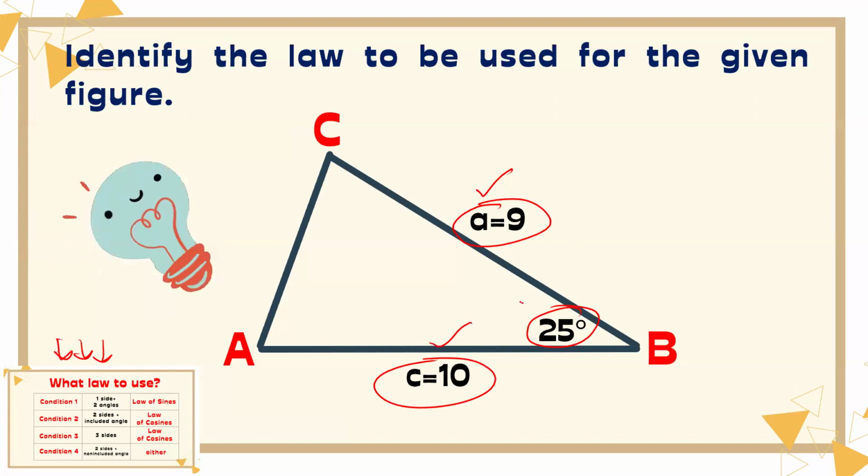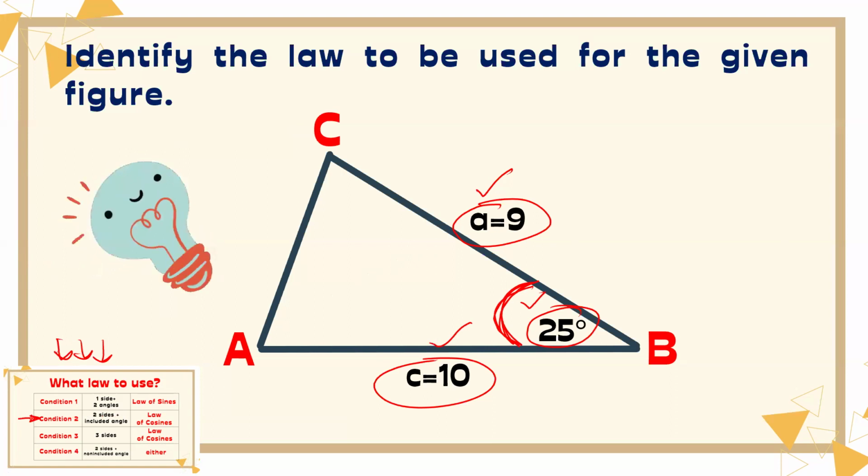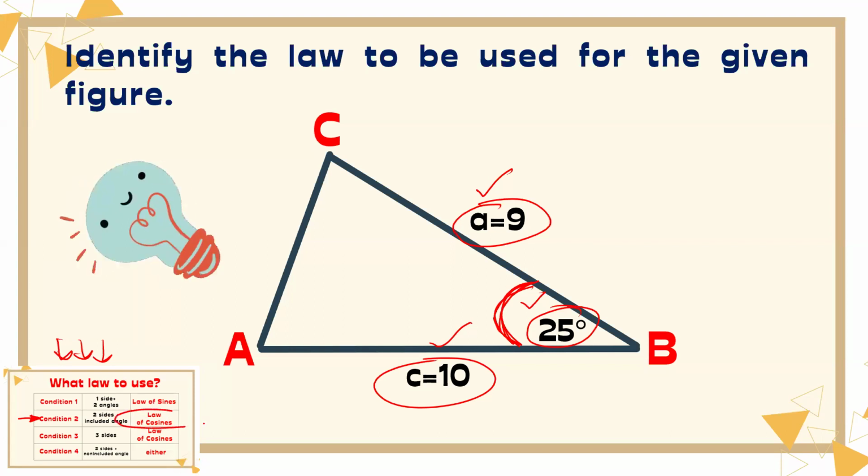So we have two sides and one included angle. An included angle is the angle that is between the two sides that you are considering. So which law do we use, right? Two sides plus included angle falls under condition 2. Therefore, which law do we use? Write in the comment section which law do we use for this particular example. Very good. We use the law of cosines.